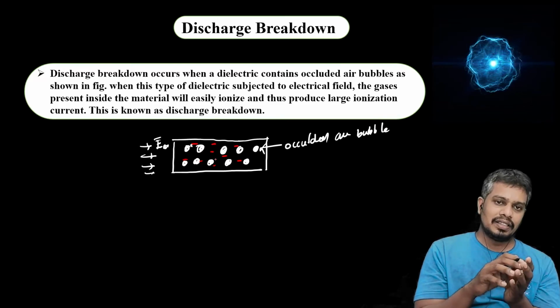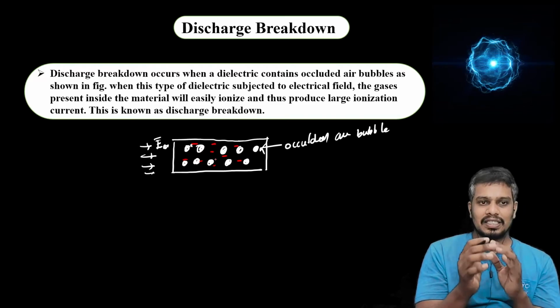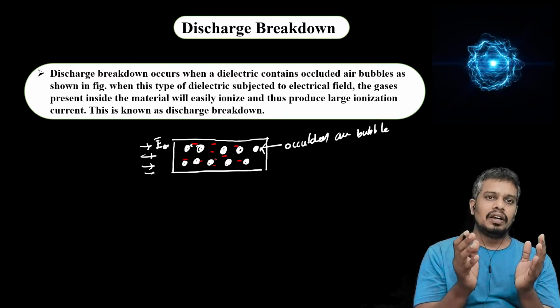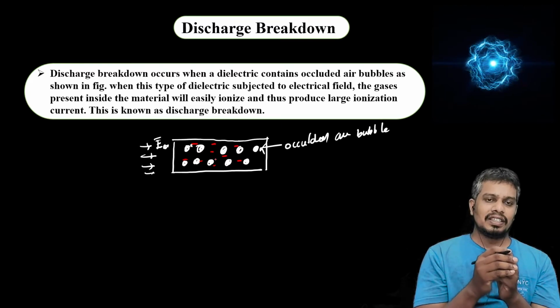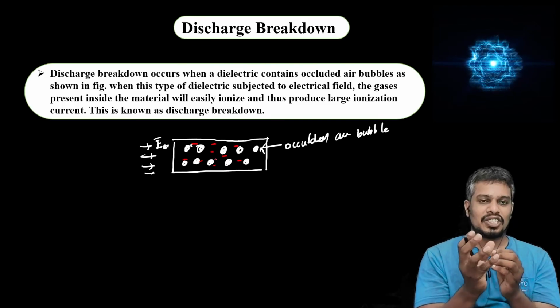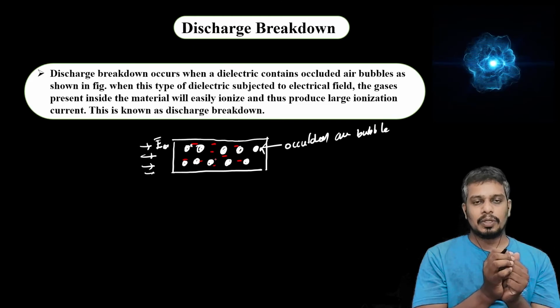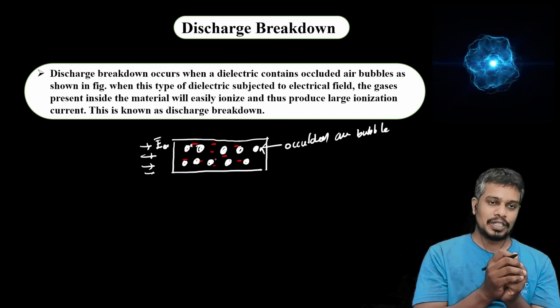Then it will convert them to conduction electrons. This process will continue. Because of this breakdown, we call it a discharge breakdown, because charge is coming out of the air bubbles. That's why it is called a discharge breakdown.